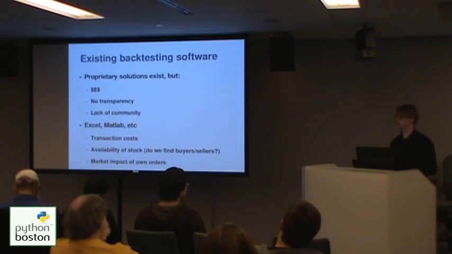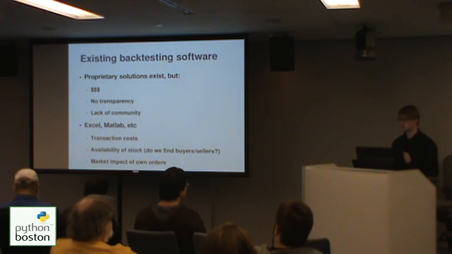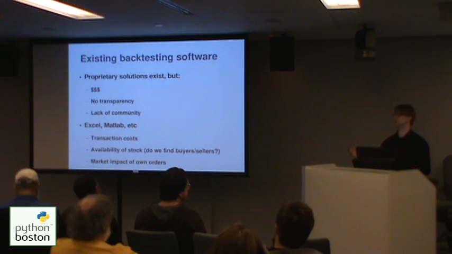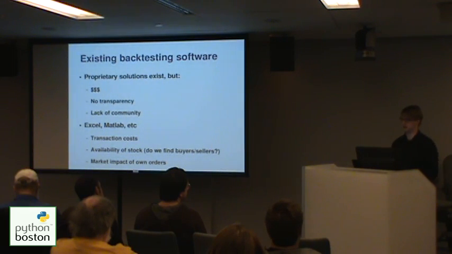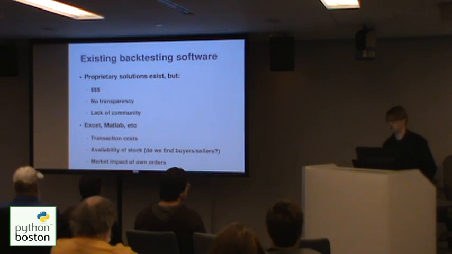I mean, sometimes no one will be selling it to you, right? So those details are really easy to brush over. Or also, if you place a big order, that will impact the price, right? So you have to somehow simulate the impact of your own orders as well to try to have an accurate representation of actual trading.